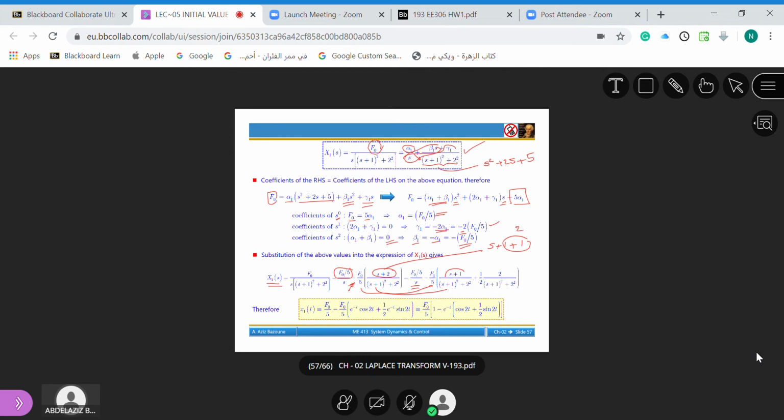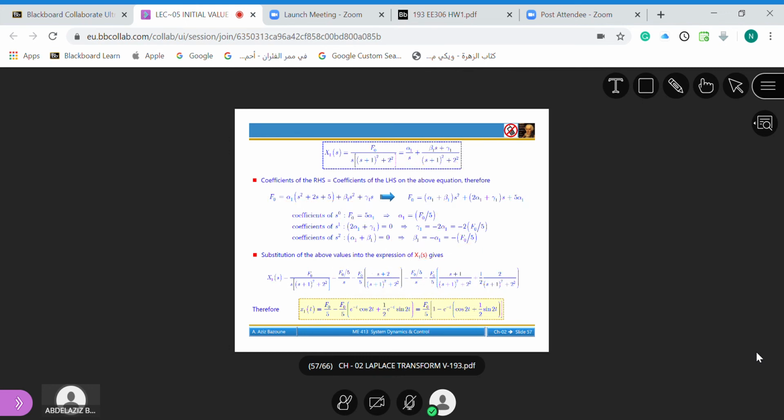And I have the 1 here. I want to bring the omega, since I have omega equal to 2, I will multiply by 2 and divide by 2. When I multiply by 2 and divide by 2, it is as if I have nothing. So s plus 1 will remain as it is, as if it was s plus 2 in the beginning, the same. So at the end, we will have the following.